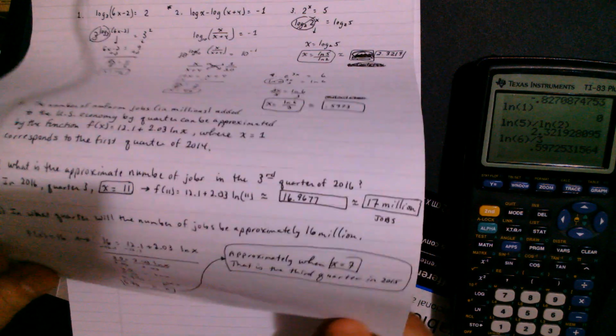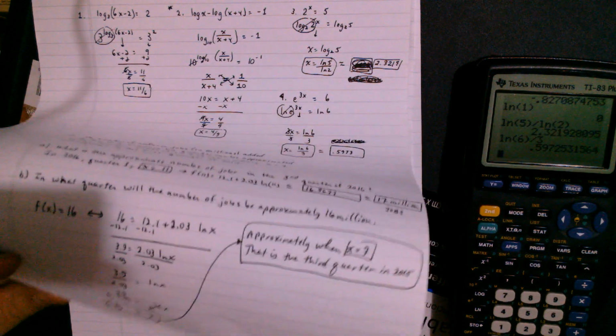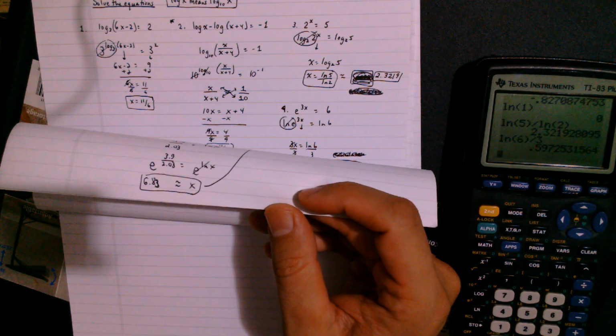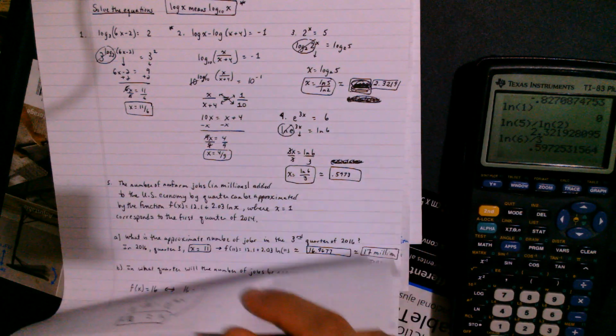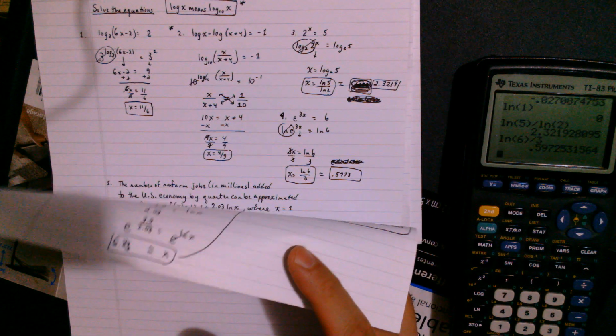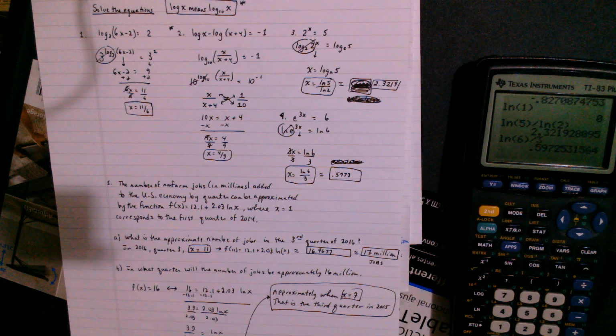So x is roughly 6 point something, almost 7. The 6th quarter has already passed, but you haven't quite gone through the 7th quarter yet. So it's almost when x is 7.